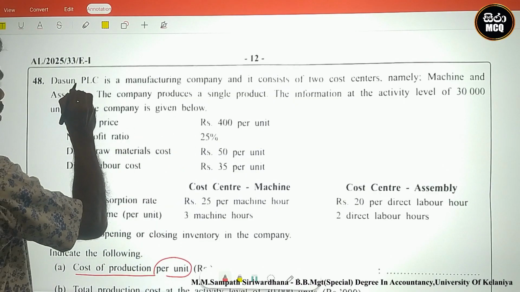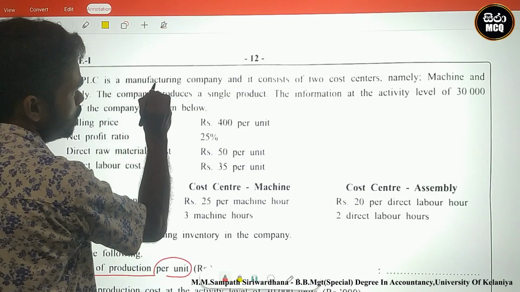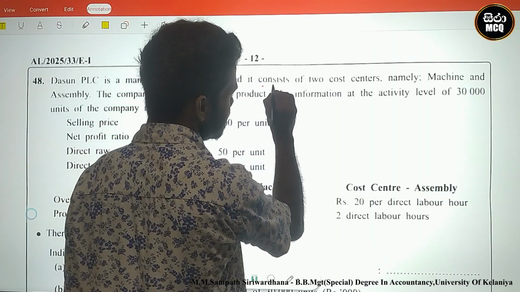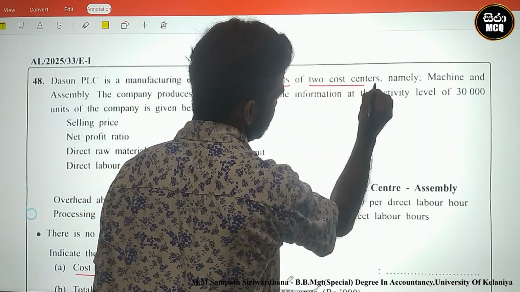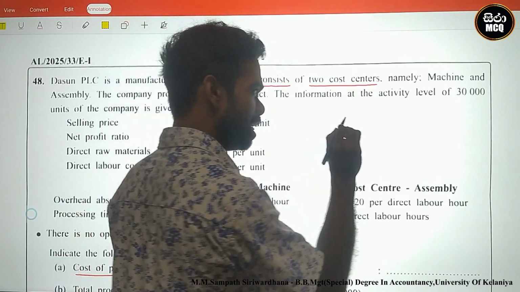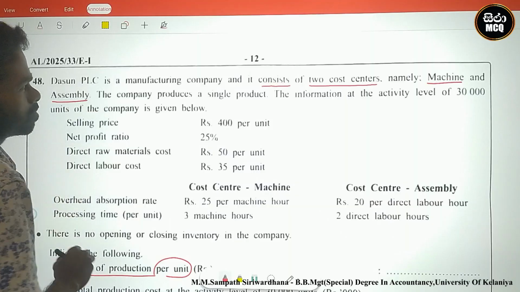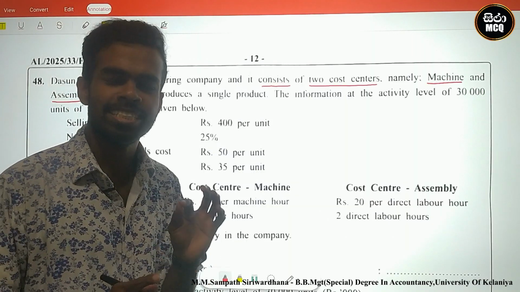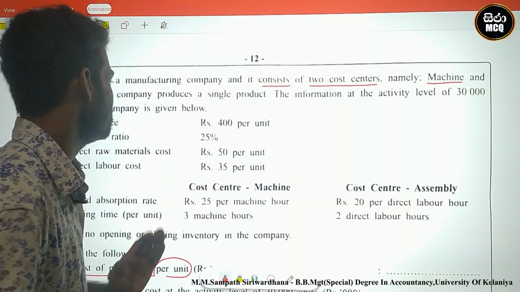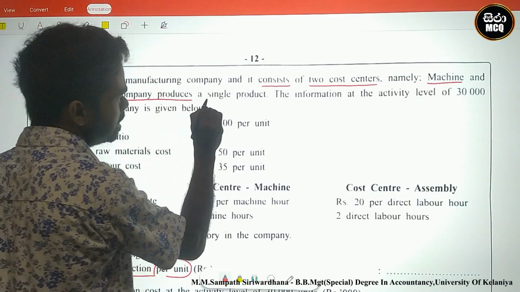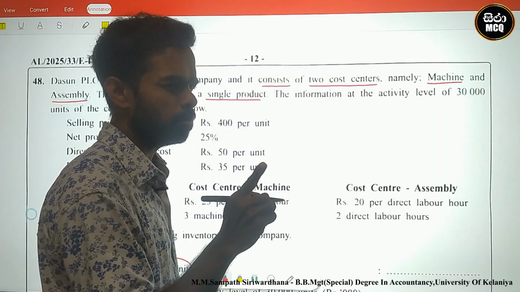We must read this question. Dasun PLC is a manufacturing company, and it consists of two cost centers, namely machine and assembly. The company produces a single product, only one product.